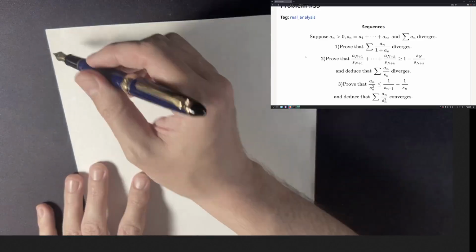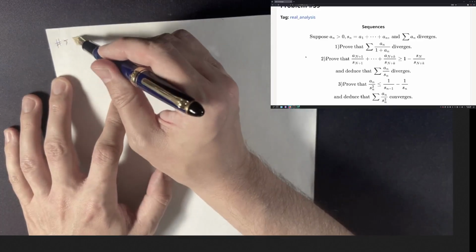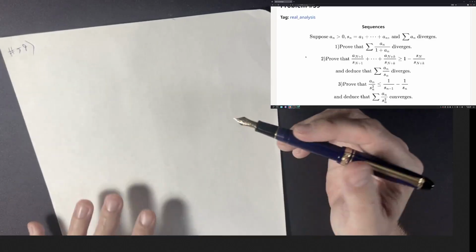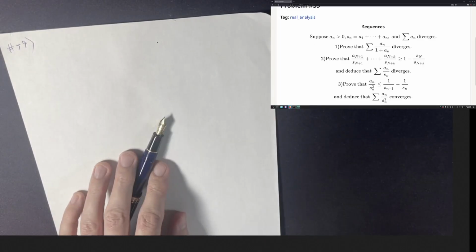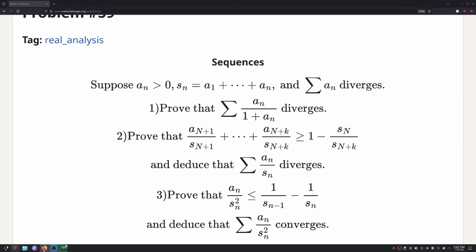All right, we're looking at 59, which is now a real analysis question. And I'll zoom in so you can see it. Maybe we'll talk about it real quick. So the terms are positive, strictly positive. That matters, right?